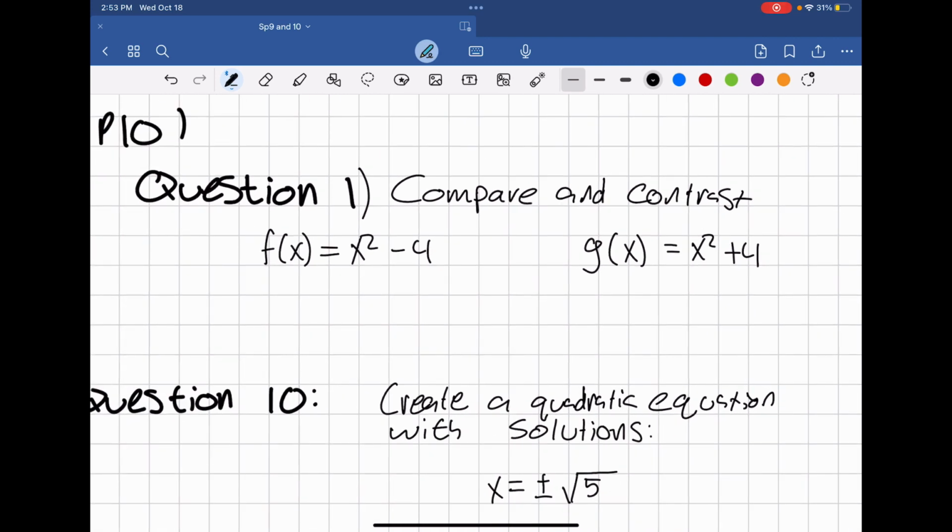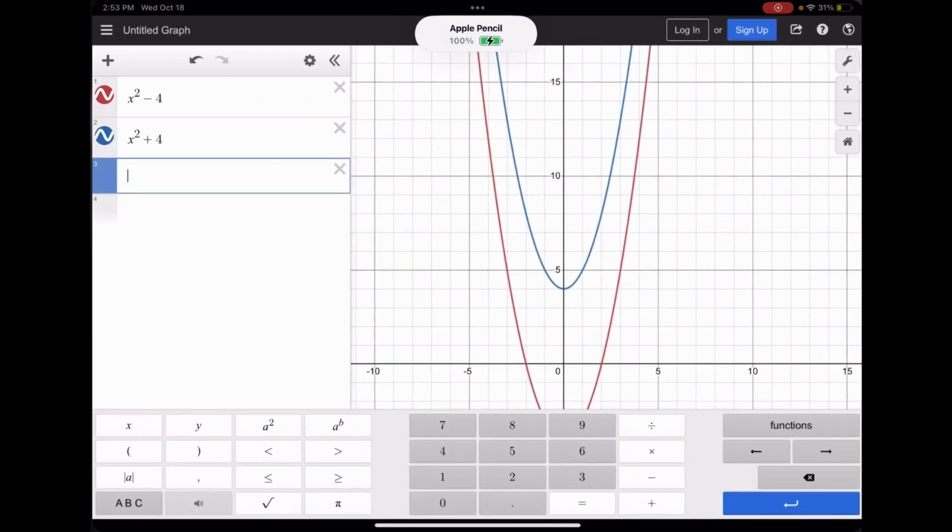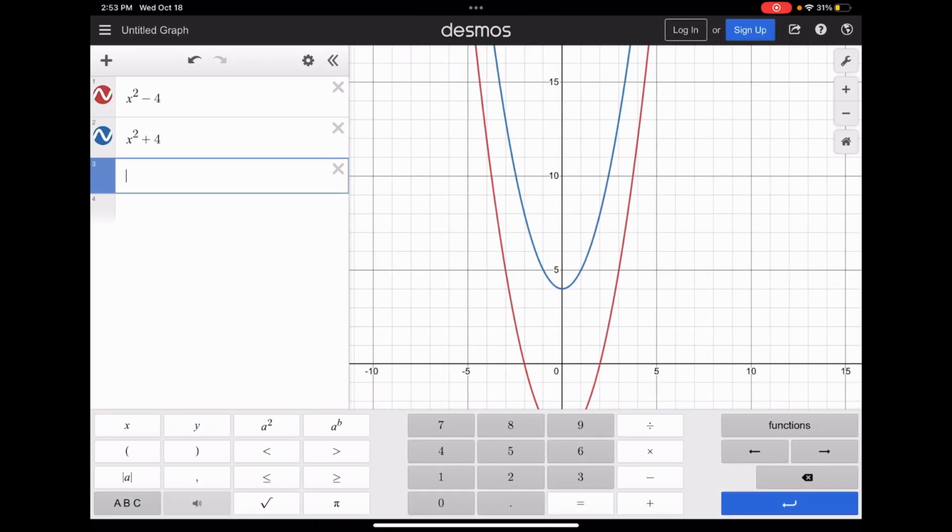All right. So if we just look at the graphical comparison between the two, I already have them graphed on Desmos. We have x squared minus 4 and x squared plus 4. We can look at a couple things, such as which way do the parabolas open? Well, they both open up when we look at the graph, and we know that their a value, which is just positive 1, makes them do that, right? Well, what about their axis of symmetry?